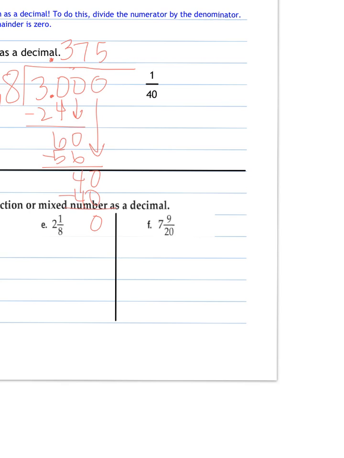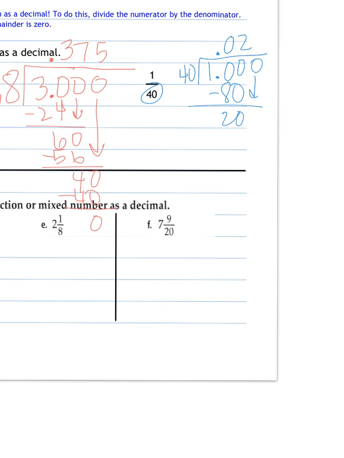Our next one, 1/40th. Again, the denominator, this bottom number, goes outside of our division bracket. The numerator goes inside. 40 does not fit into 1, so we add our decimal and a 0. Bring the decimal point straight up above. 40 does not fit into 10, so we add another 0 and carry a 0 up here because it doesn't fit at all. 40 fits into 100 2 times. 2 times 40 is 80. 100 minus 80 is 20.